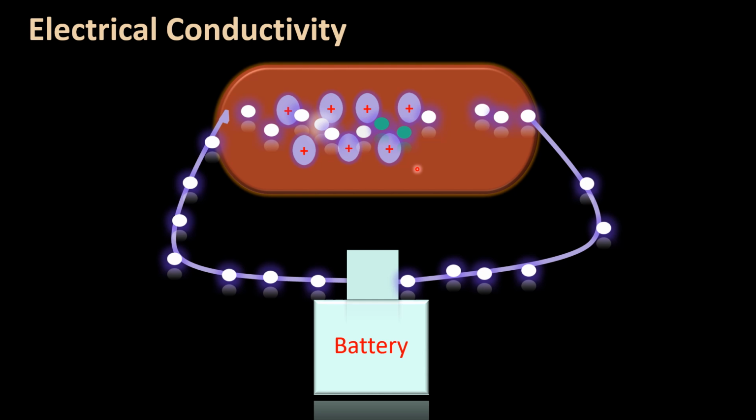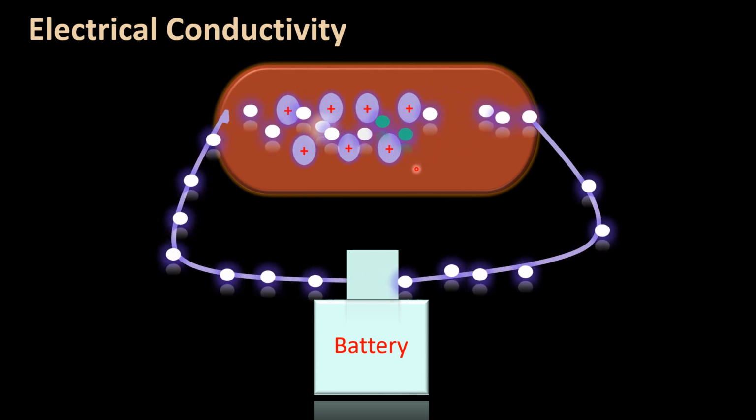These electrons move randomly around the positive ion cores, but when we connect the copper wires to the battery, under the potential difference, these electrons move from one terminal of the battery to the other terminal of the battery.